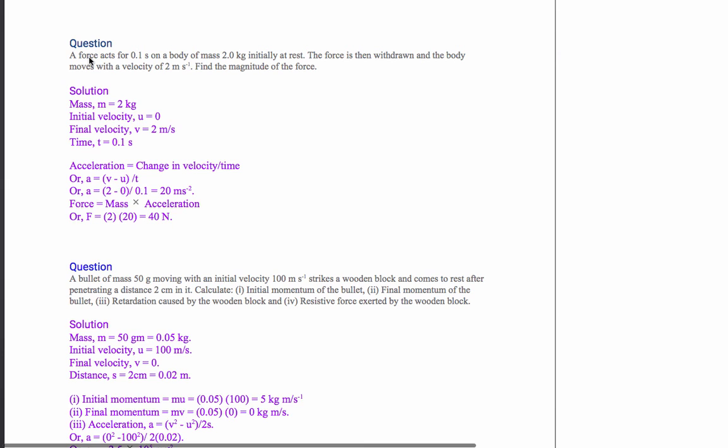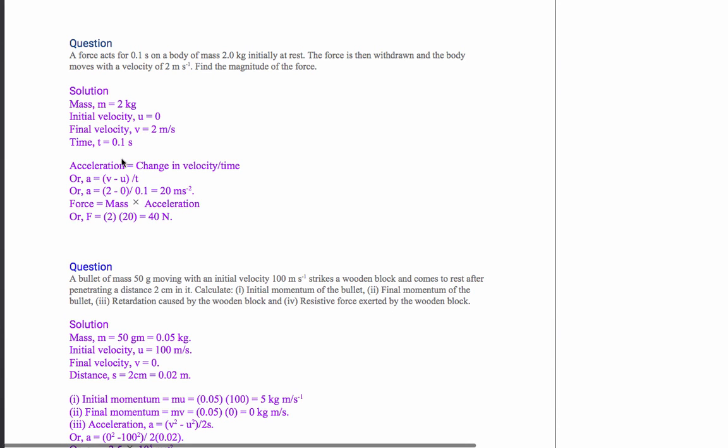See the next question. A force acts for 0.1 second on a body of mass 2 kg initially at rest. The force is then withdrawn and the body moves with a velocity of 2 meter per second. Find the magnitude of the force. So here mass is 2 kg, initial velocity is 0, because the body is initially at rest, and final velocity is given as 2 meter per second.